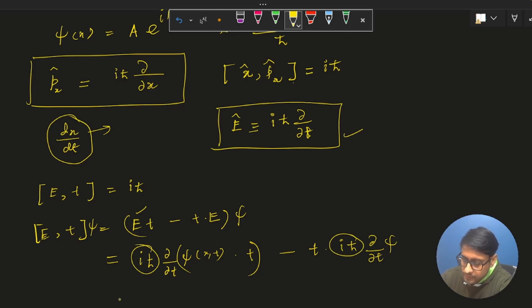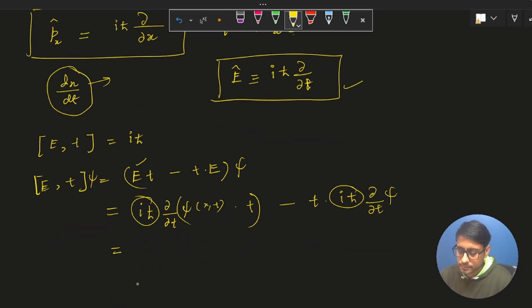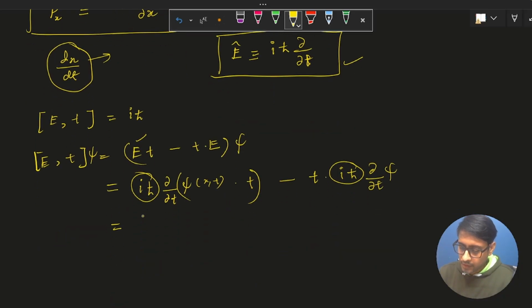If I take i h bar common, then let's differentiate with t.